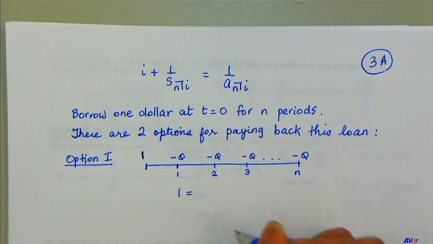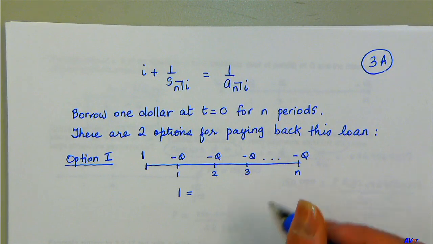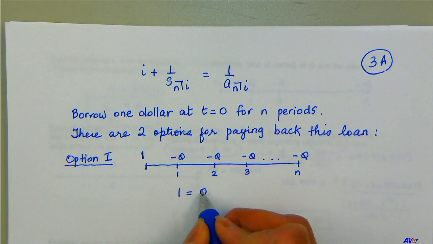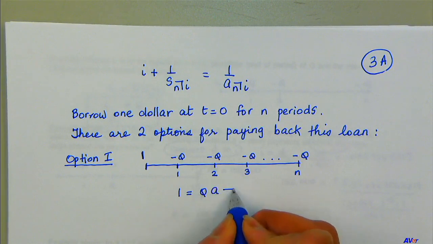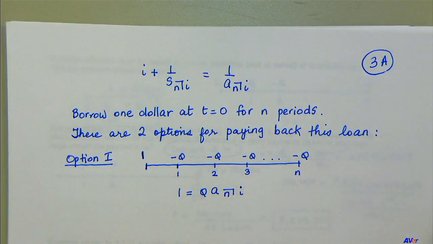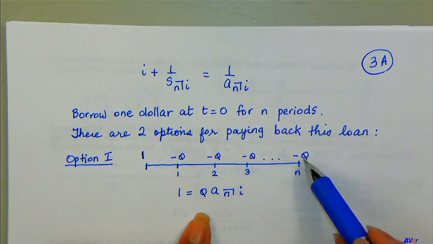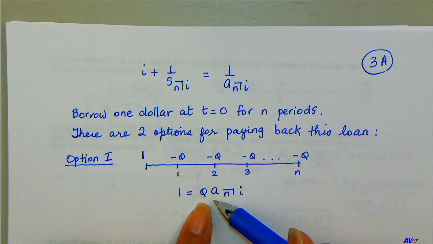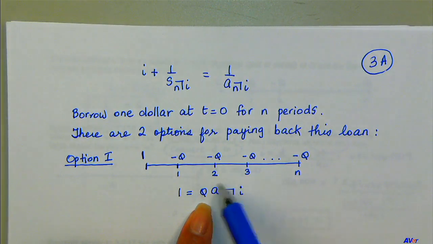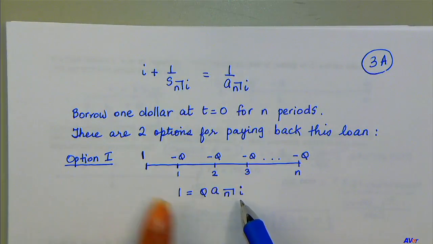A angle n i. So I'm going to say 1 equals Q a angle n i. Meaning that I have payments of Q, an annuity immediate, at some interest rate i, and the present value of that is equal to 1.